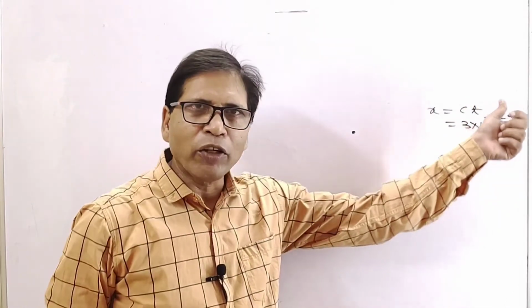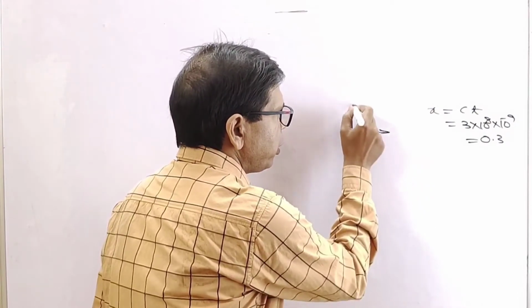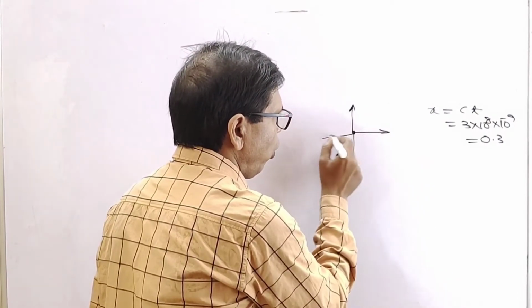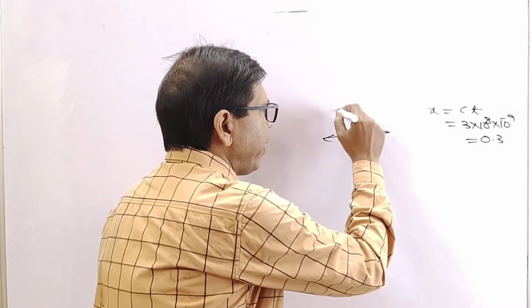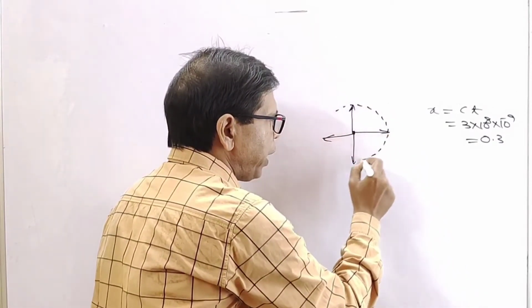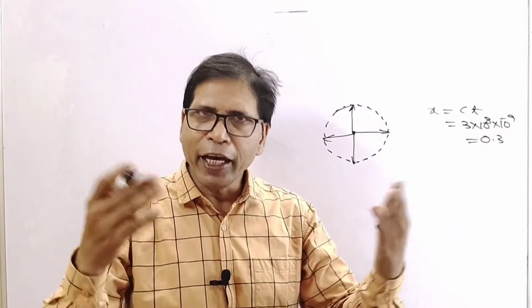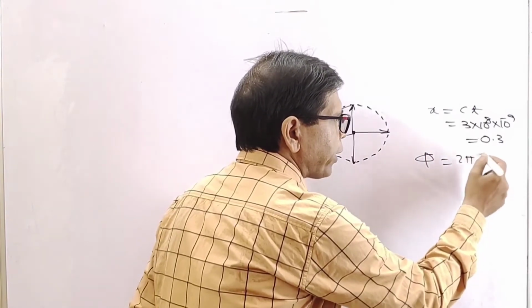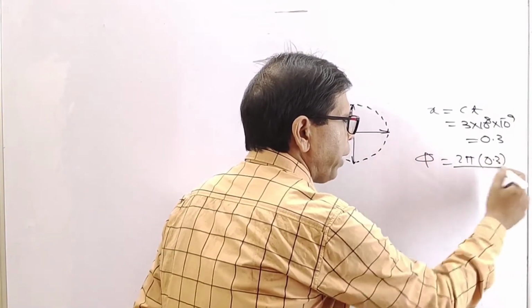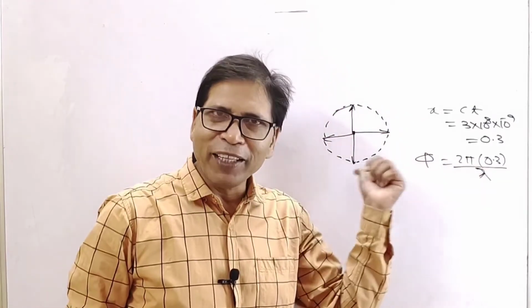So, after 1 nanosecond, the light travels the same distance 0.3 meter in all directions. Therefore, the particles lie on the surface of a sphere of radius 0.3 meter, and their phase phi equals 2 pi x by lambda, that is 0.3 divided by lambda, where lambda is the wavelength of the light.